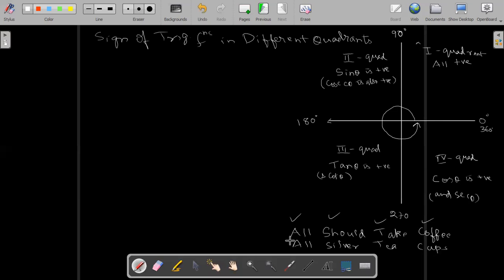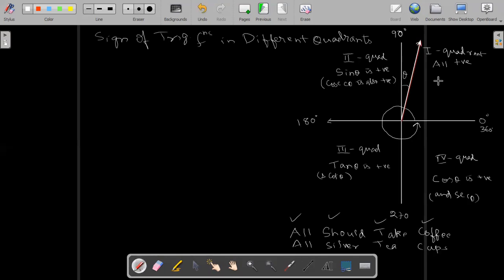At this point it is making an angle of theta.